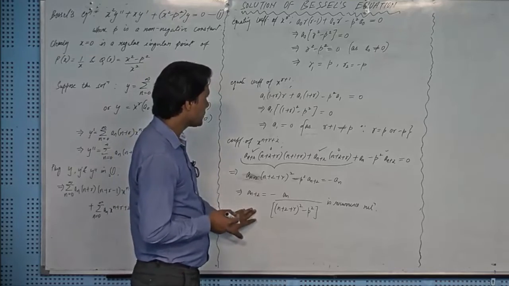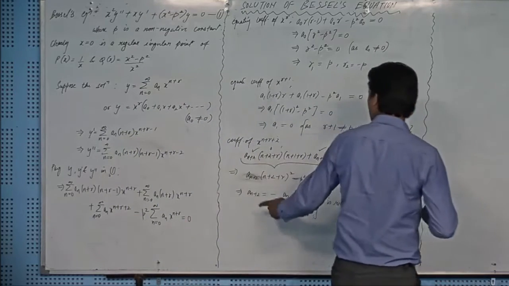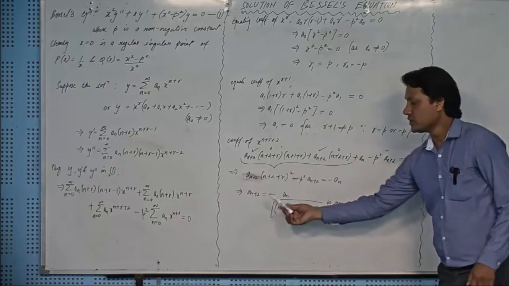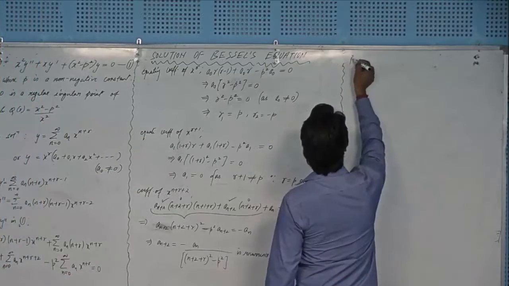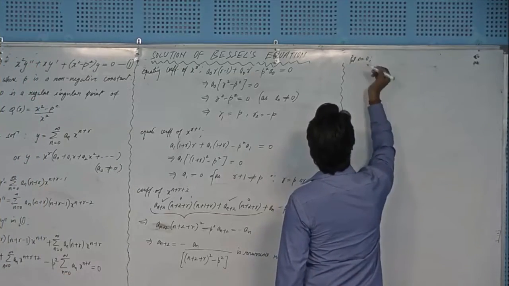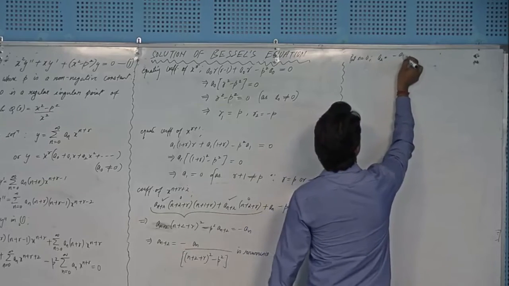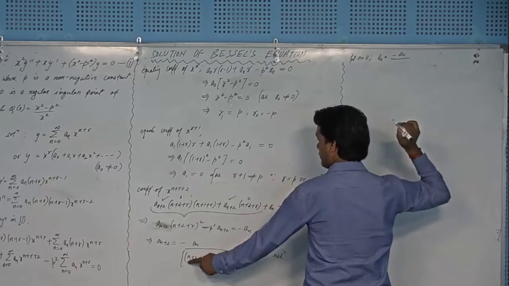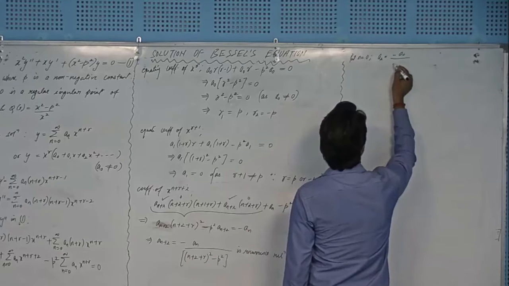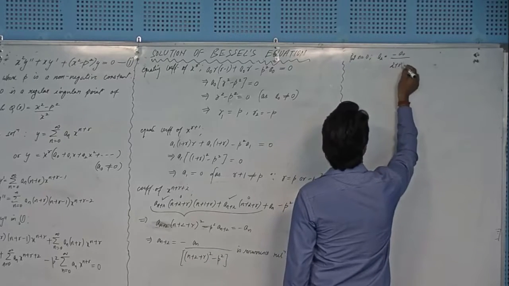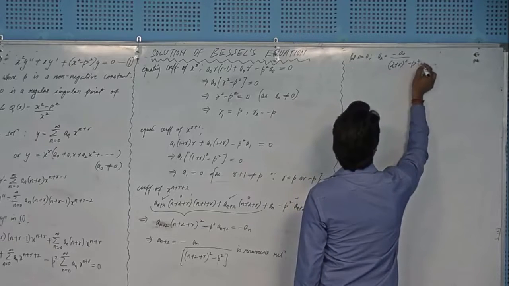So first I will put n equal to 0 in order to obtain a2 in terms of a0. So a2 equals minus a0 divided by (2+r) whole square minus p square, right?